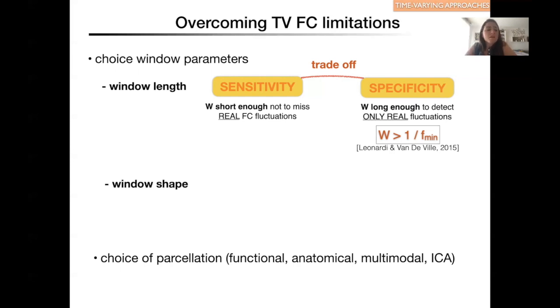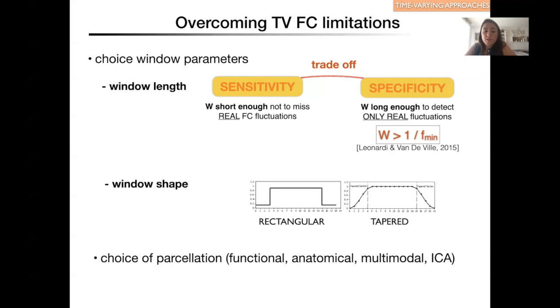Another choice is the window shape. The most used, I would say, is the rectangular and simplest window, but a tapered window could be used to increase SNR, to reduce the noise caused by some noisy peaks that would be given less weight with this type of window.